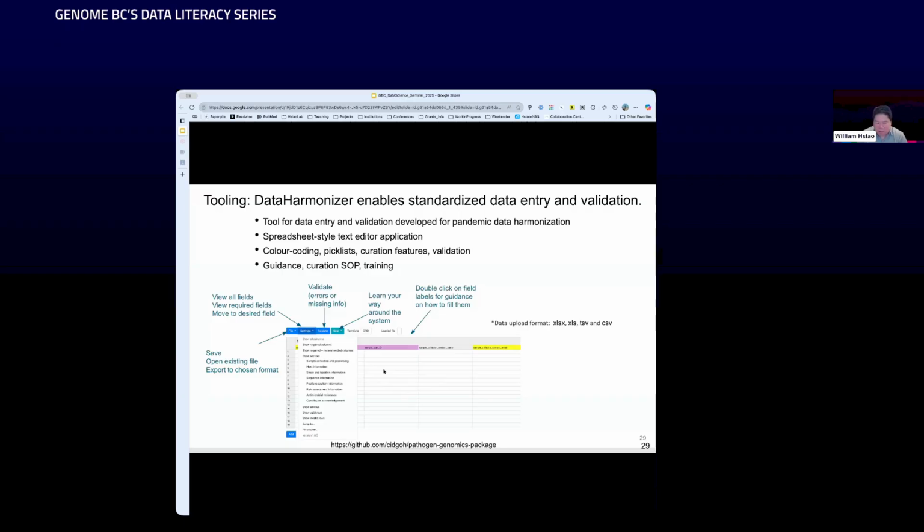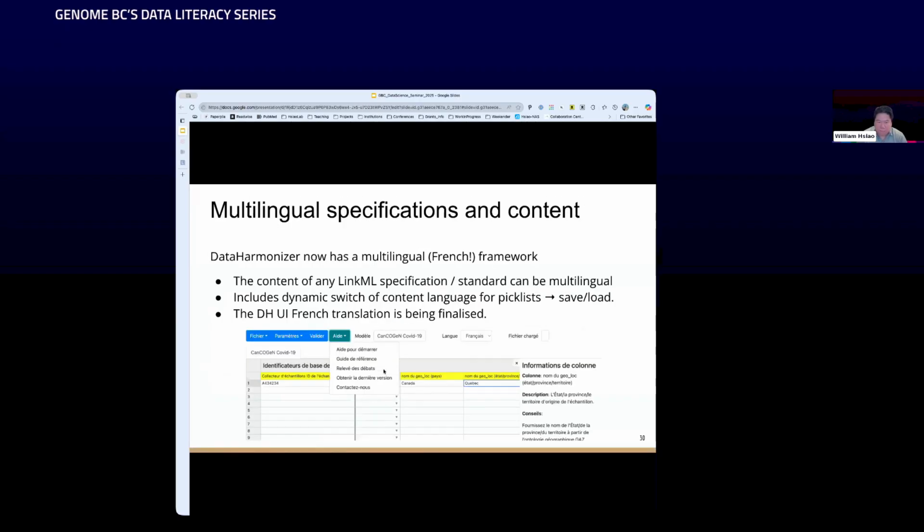So this tool became quite a robust tool that was used by the different public health agencies when they were sharing data with the national lab during the pandemic. And we're also building in now the functionality to allow not just data entry, but also the whole data specification to be built from the same interface.